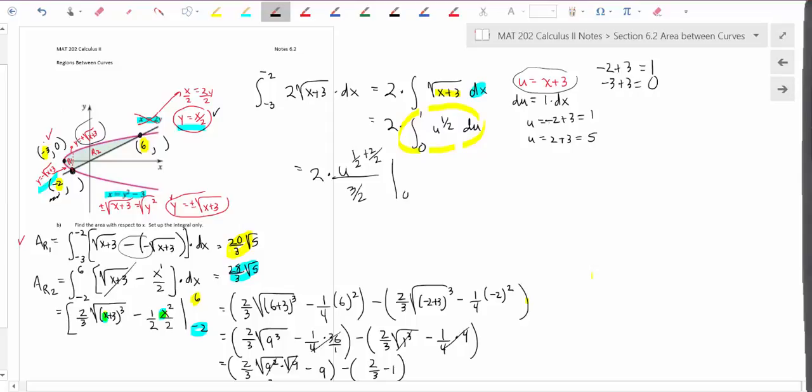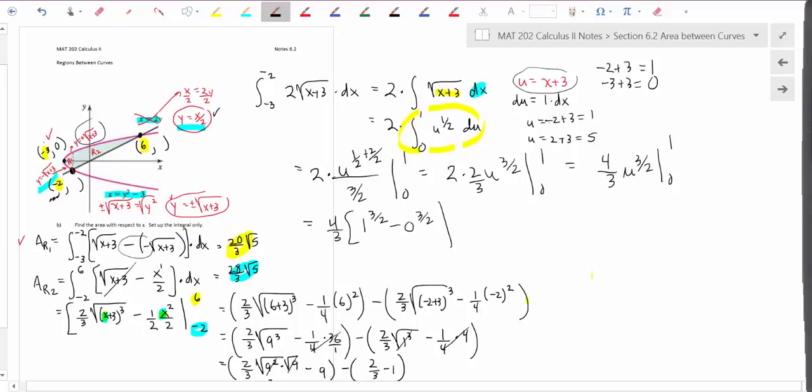And then we're going to integrate from 0 to 1. So that is 2 times 2/3, u to the 3/2, integrated from 0 to 1, so that is 4/3 u to the 3/2, 0 to 1. Now I'm going to have 4/3 times 1 to the 3/2 minus 0 to the 3/2, so that's 4/3 times 1 minus 0, so that's 4/3.